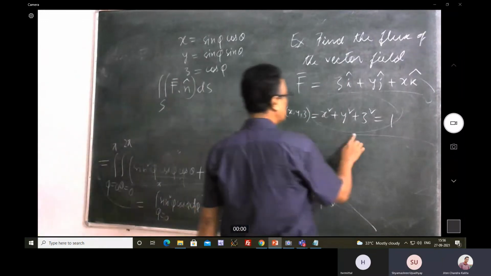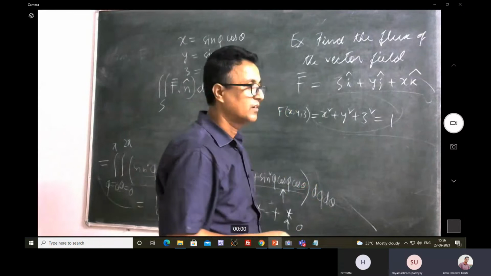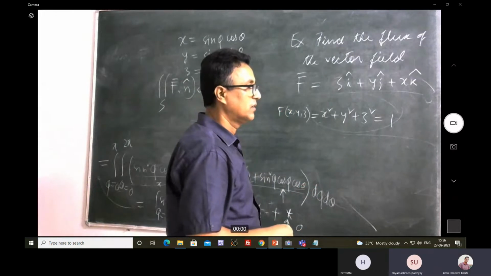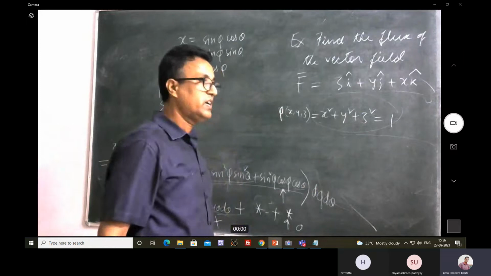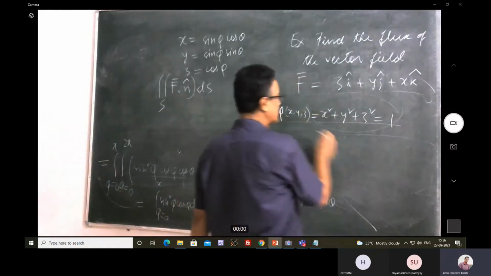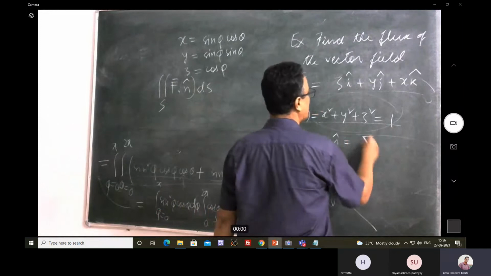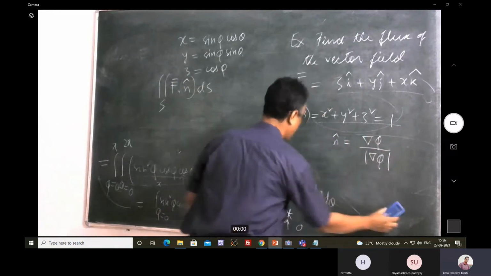And I know, same F. Yes. Don't use capital F, please. Capital F is the vector, it is already given. So let us use phi. Then a unit normal to this surface is simply going to be given by grad phi by mod of grad phi, isn't it?